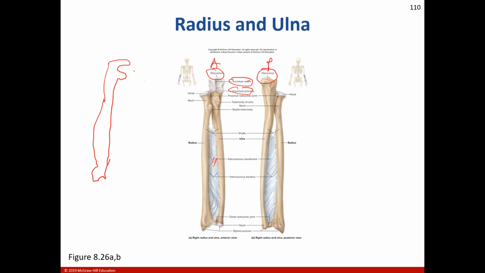This is a side view, the space between the olecranon and the coronoid. Remember the shoulder blade, the scapula, was coracoid. Now this is the coronoid process. So the space in between, like this wrench, is called the trochlear notch.